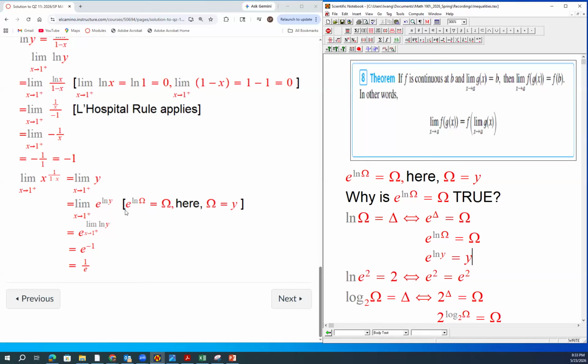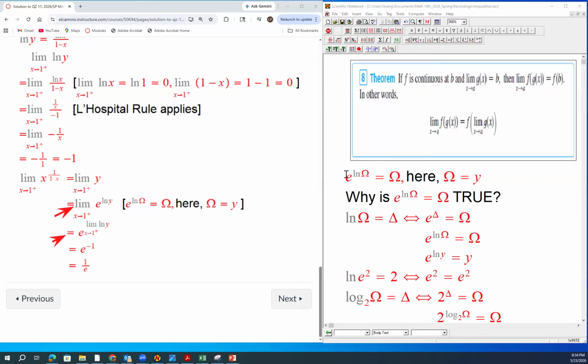The next step, however, from this step, let me draw some arrows here. From this step to the next step, what's being used? We used a theorem. What does that theorem say?